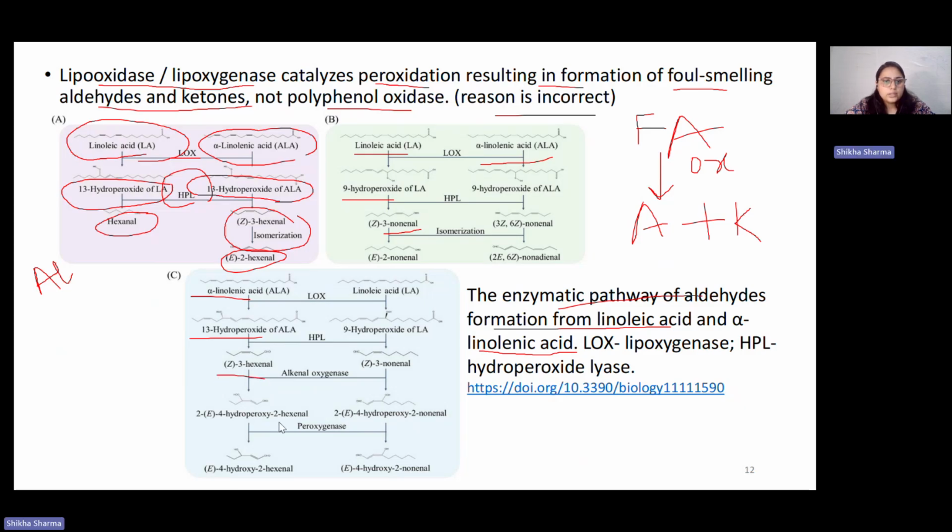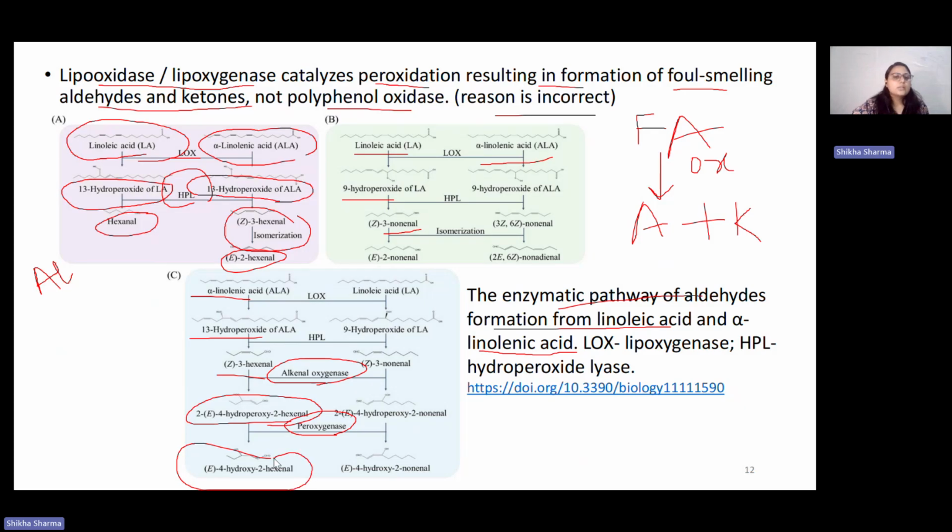Then further, it is acted on by the enzyme alkenal oxygenase, which converts this 3-hexanal compound into 4-hydroperoxy 2-hexanal, and then the next enzyme, peroxygenase, acts, and the compound is further converted to 4-hydroxy 2-hexanal.